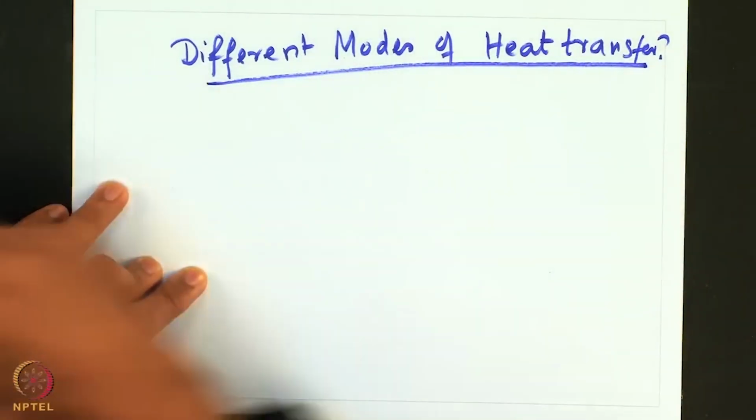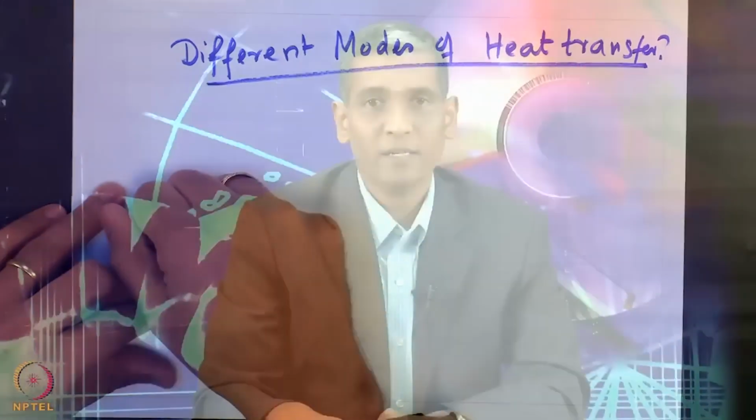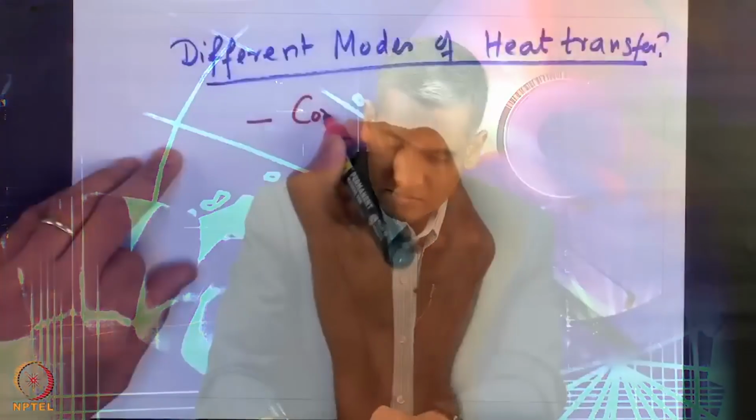There are primarily 3 different modes of heat transfer, which are basically conduction, convection and thermal radiation, or simply radiation. These are 3 different classes of heat transport modes, and each of these occurs through a different phenomenon.